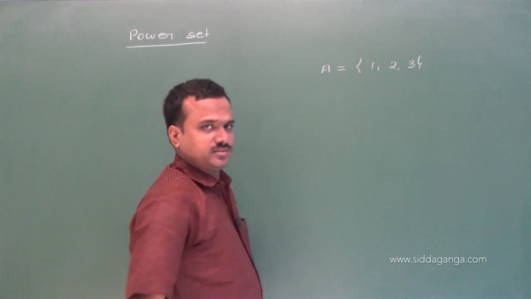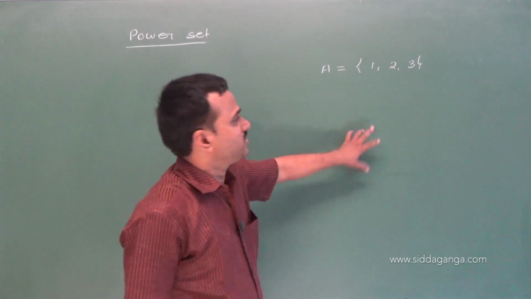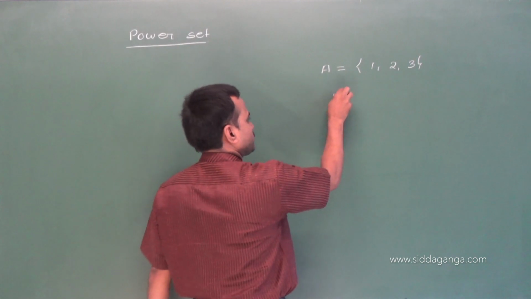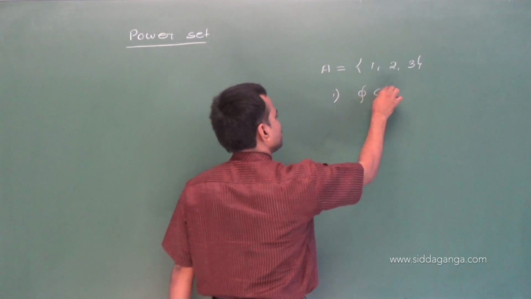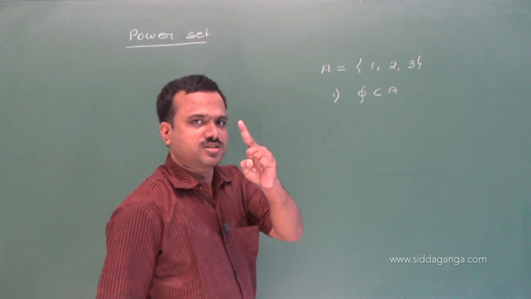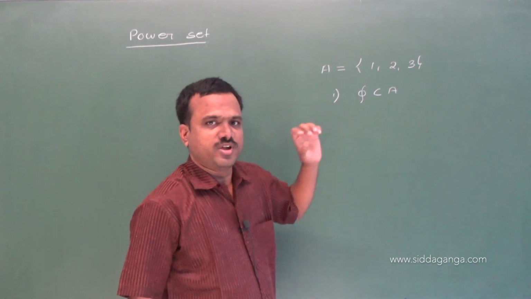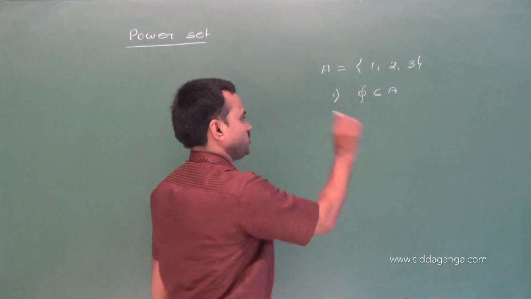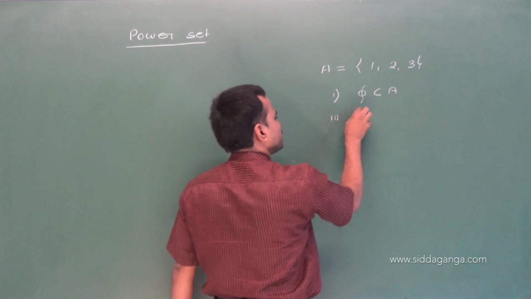So we write the number of subsets with respect to the set A. The first one, the empty set is a subset of A. Last class I discussed this concept. We accept the empty set is a subset of all sets.